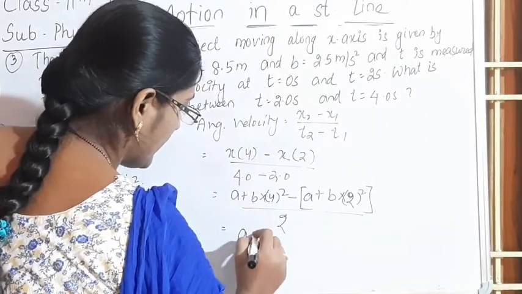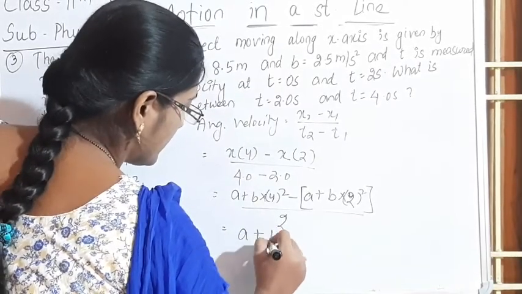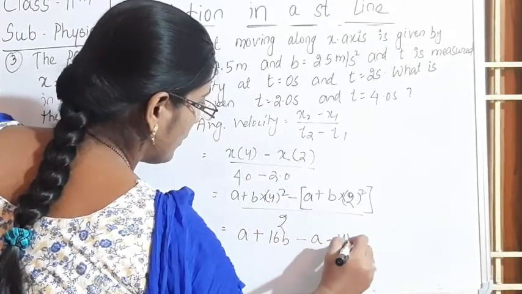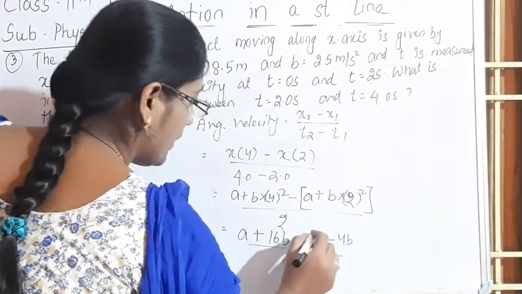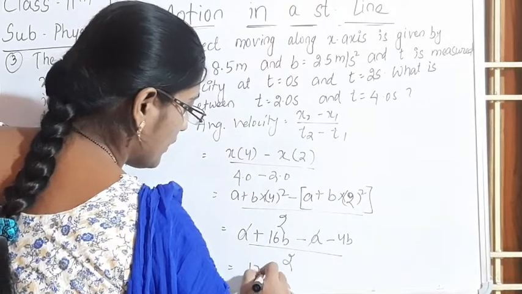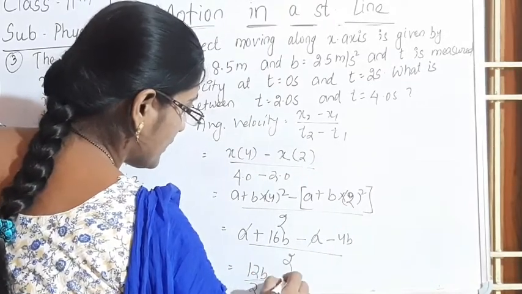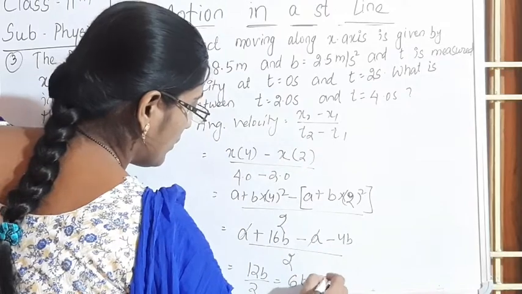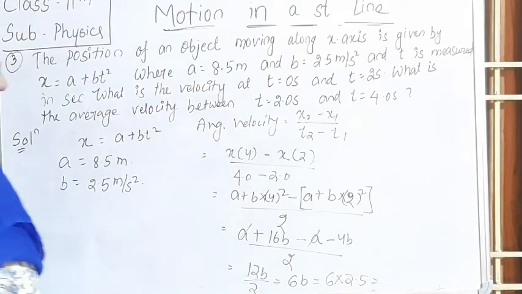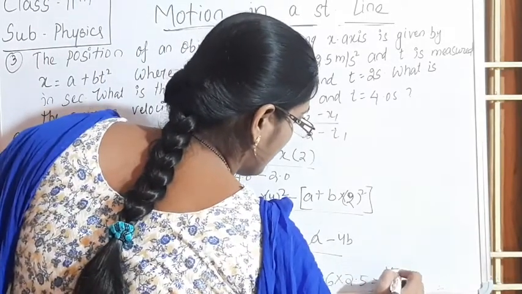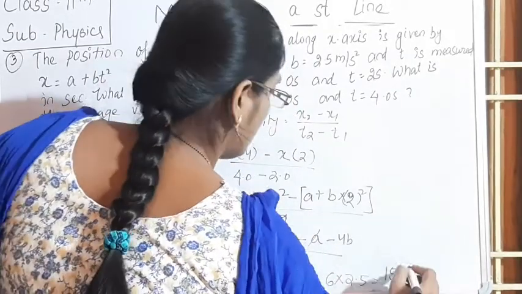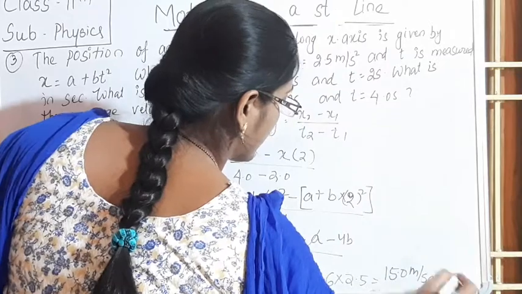By solving this we get a plus 16b minus a minus 4b, by 2. Plus a minus a cancel out. 16 minus 4 is 12b by 2. This is equal to 6b, or 6 into 2.5, that is equal to 15.0, and this is the velocity, so meter per second.